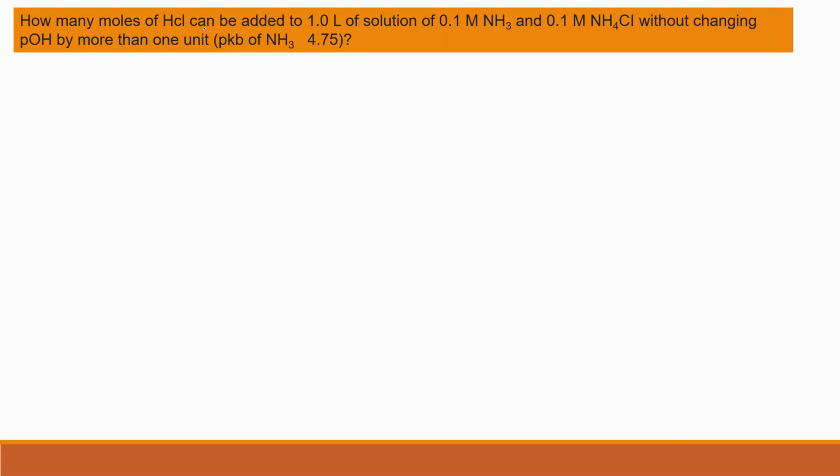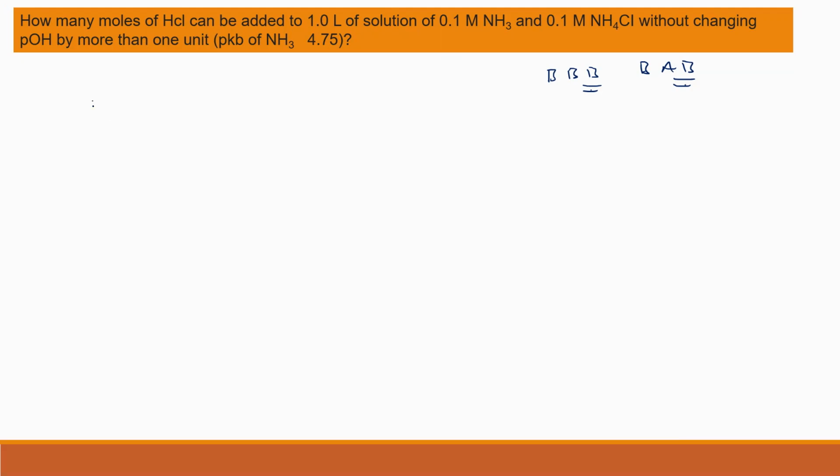Okay, so as we previously discussed, like the BB rule, strong base added to. So here also the rule is the BAB rule. In a basic buffer, on adding strong acid, the concentration of weak base decreases and salt will increase.